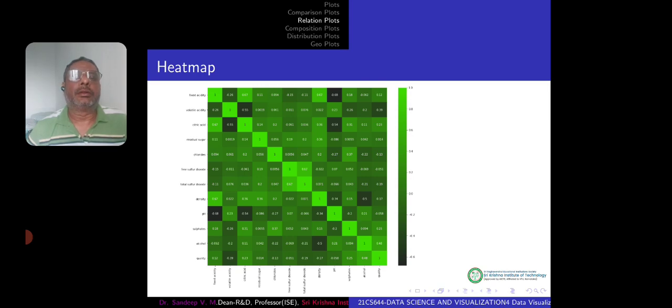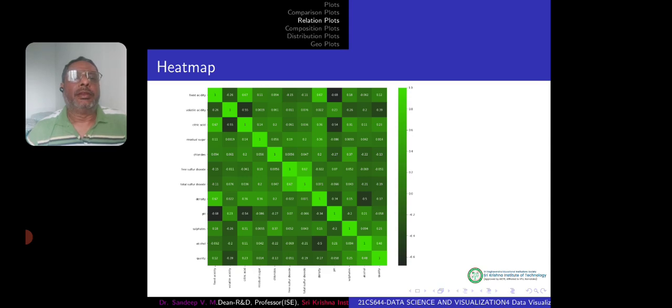Now, if you look at the heat map, we can see some cells are darker, some cells are lighter, some are light green, some are dark green, some are of various different shades, some are black. So if you look at that, we can see how each of the parameters are correlated.